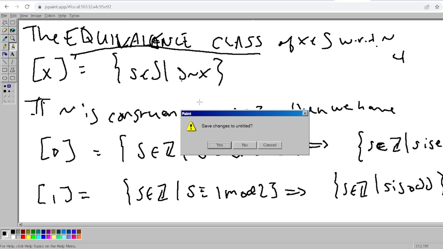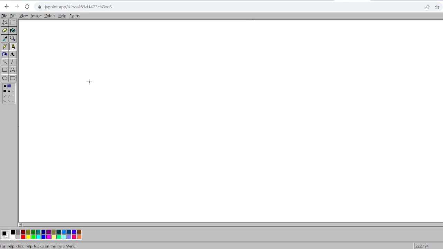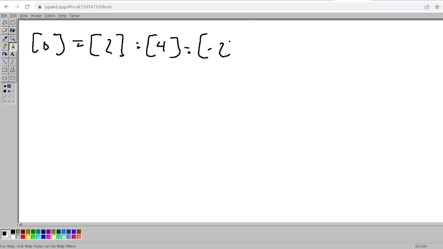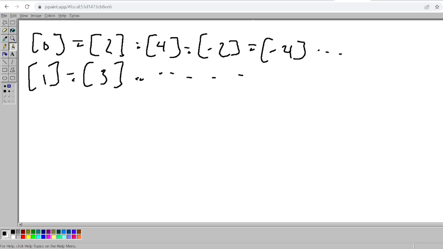Related to this, we can make a note: in that specific case, the equivalence class of 0 is equal to the equivalence class of 2, which is equal to the equivalence class of 4, of -2, of -4, and so on. It is equal to every equivalence class of an even number, all evens. The same thing with 1: [1] is equal to [3], and so on. They are infinite classes.